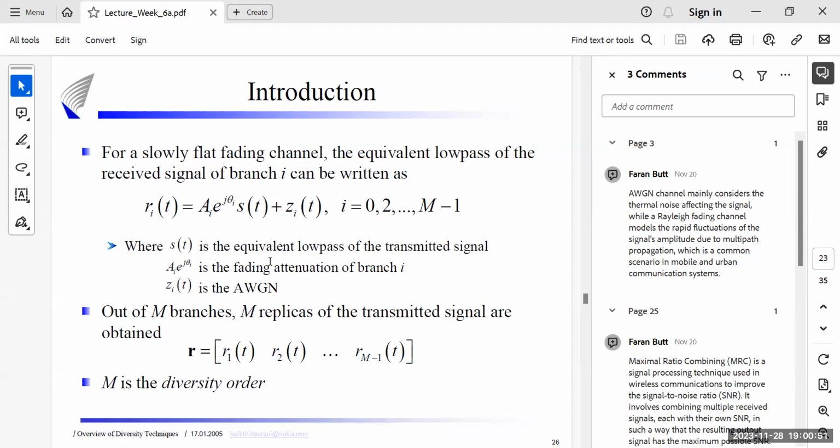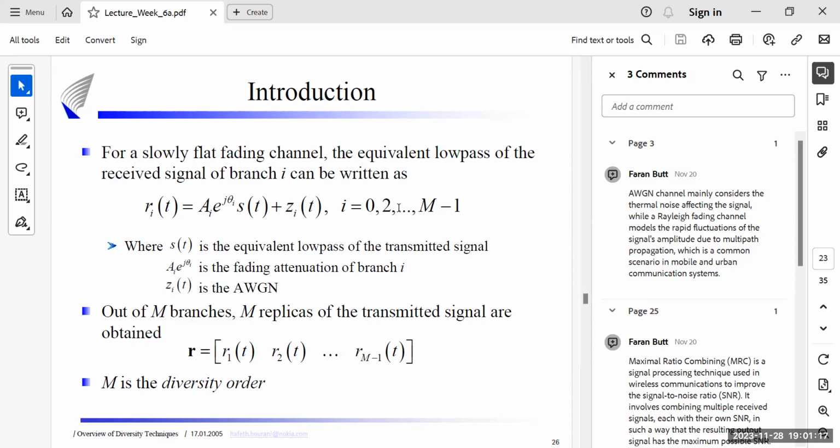And then z_i(t) is the additive white Gaussian noise. And we know that the Gaussian noise that gets added to the signal is additive white Gaussian noise, having a flat spectrum. So this is the AWGN noise that is getting added with the signal that we were to receive, but that is getting mixed with the fading attenuation, right?